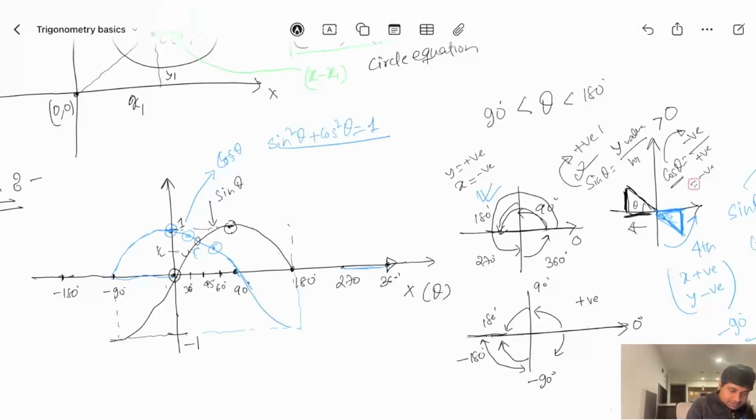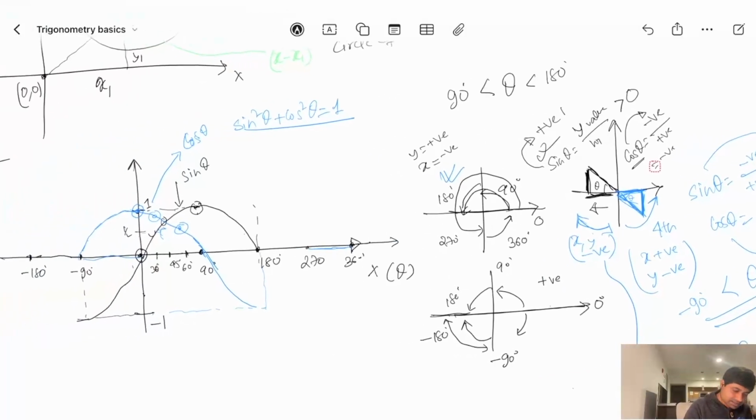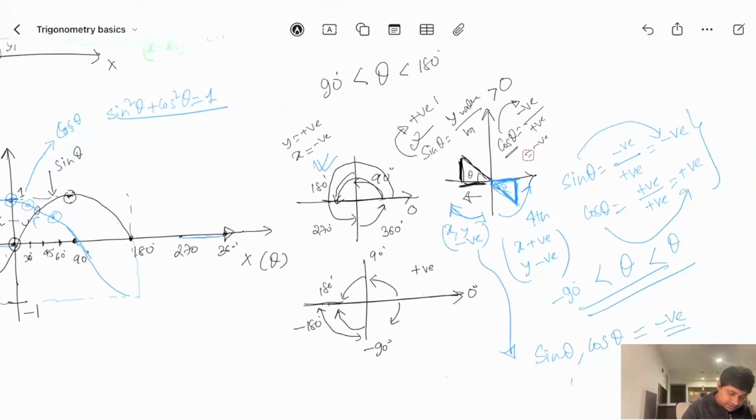What about the third quadrant? If you see the third quadrant in this particular zone, both x and y are negative, so both sine theta and cos theta are negative. That is about the third quadrant when theta belongs to -90 to -180 degrees.